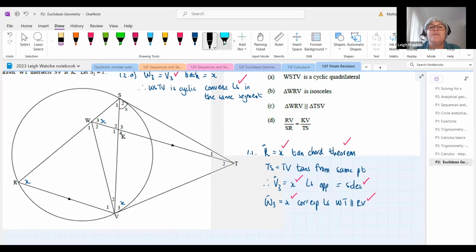So let's just highlight the triangle. WRV is this triangle over here that I'm highlighting in blue. And how do we prove that a triangle is isosceles? What are the properties of an isosceles triangle? So when they ask us to prove that a triangle is isosceles, what are they actually asking us to show?